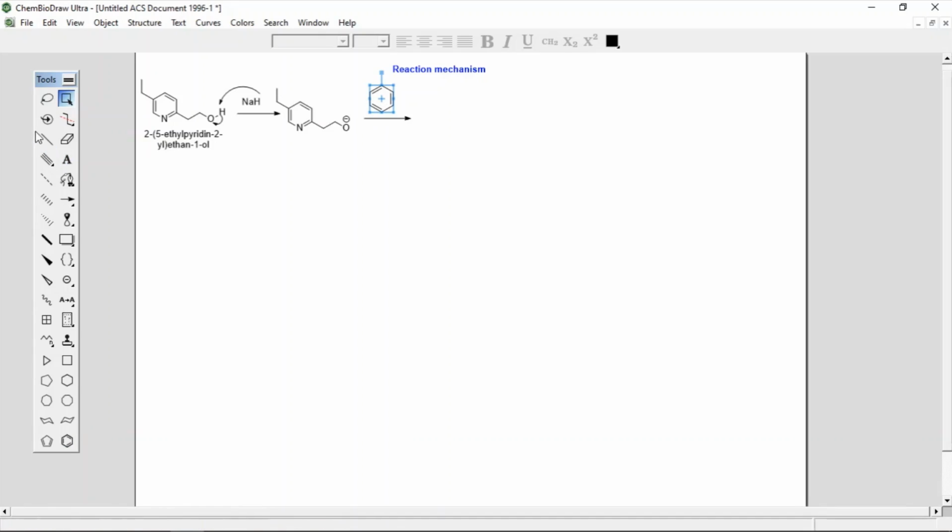So the structure of that 4-fluorobenzonitrile has this nitrogen, here is your oxygen, and here is your fluorine.